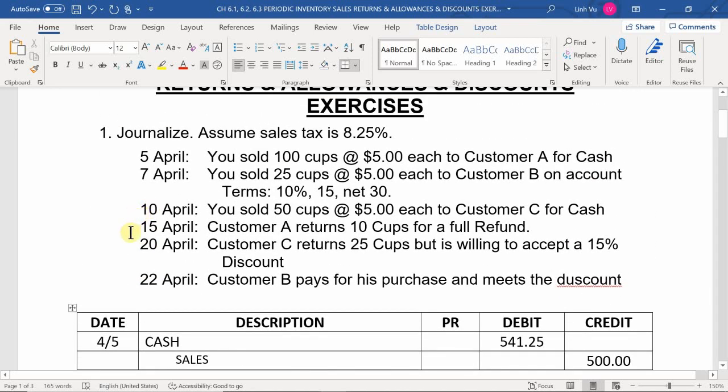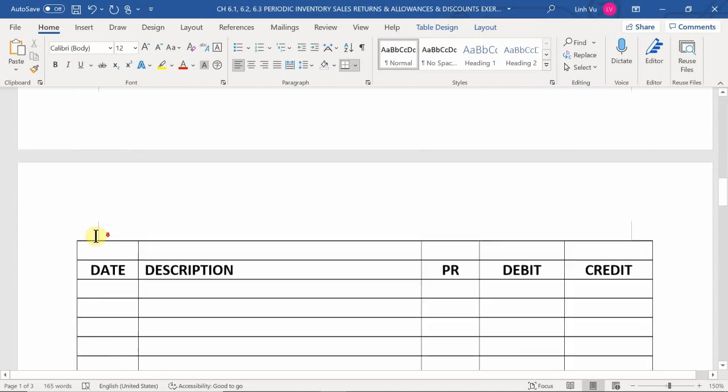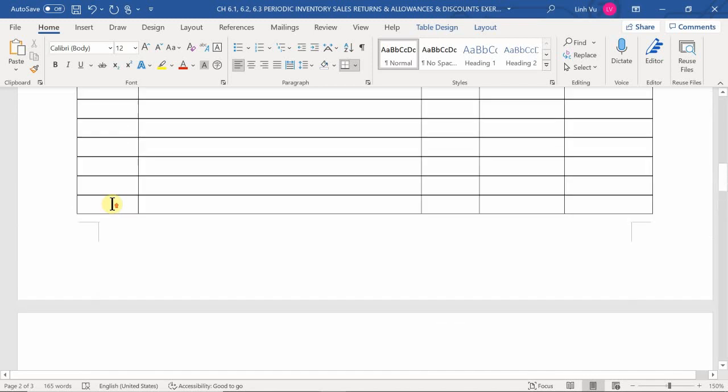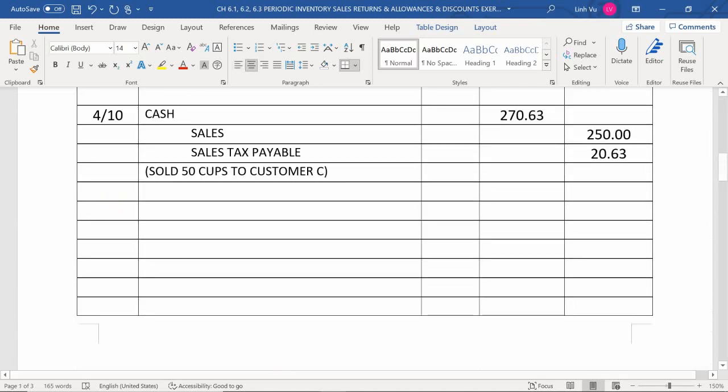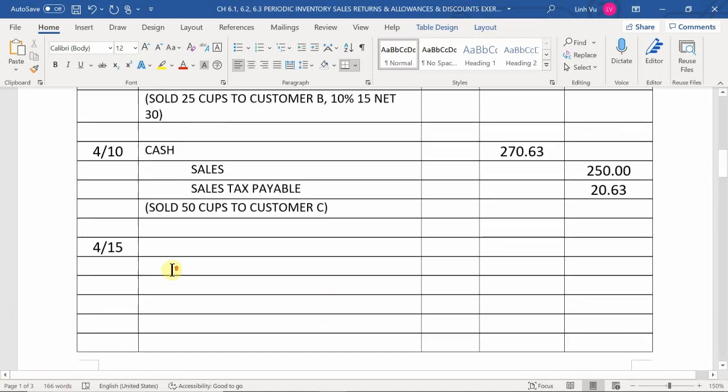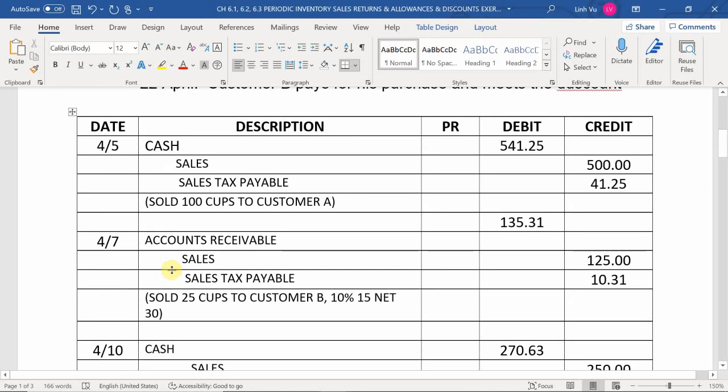Next thing we have here is on April 15th, customer A decides to return 10 cups for a full refund. How do we journalize this?